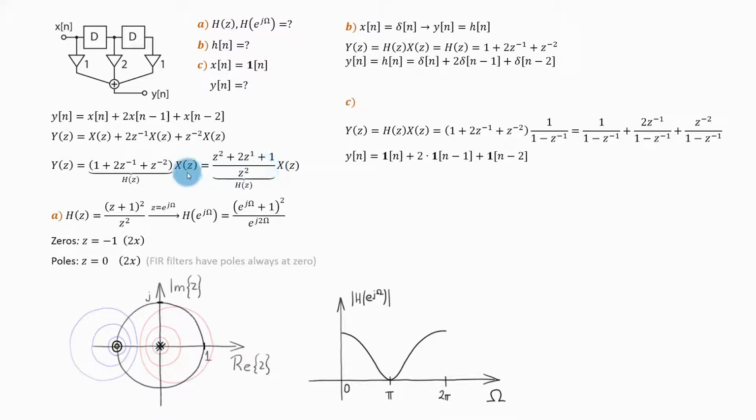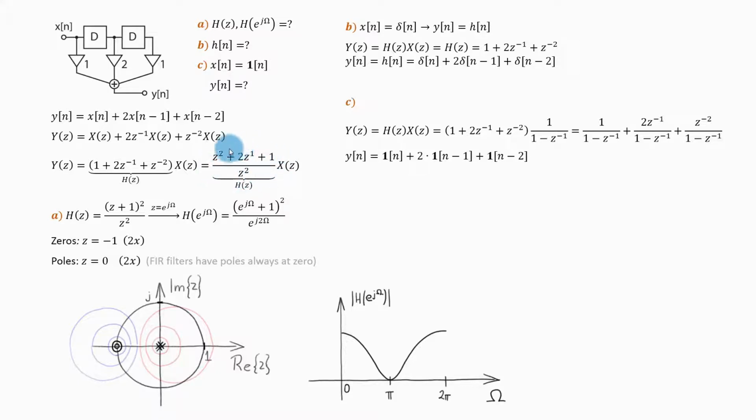And because for FIR filter the transfer function in the negative powers of z was in the form of this polynomial, the transfer function with positive powers of z will always have this form where you have the polynomial of positive powers of z and then you just divide by some power of z. This power will be the same as the highest power in the numerator.